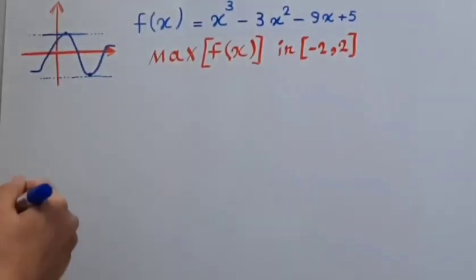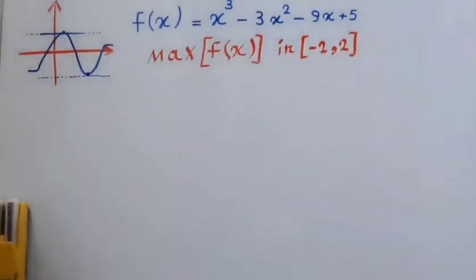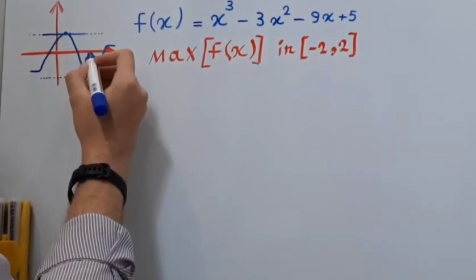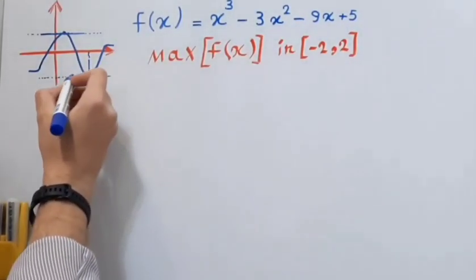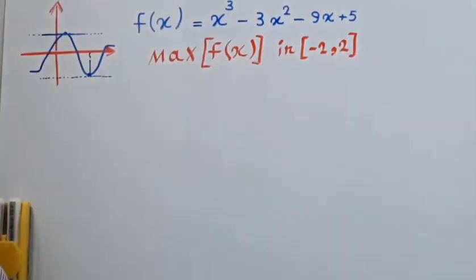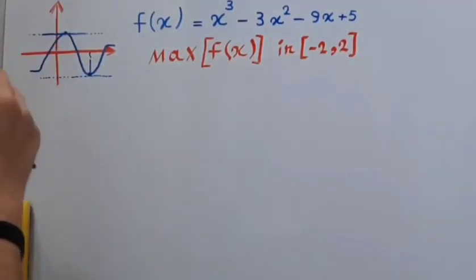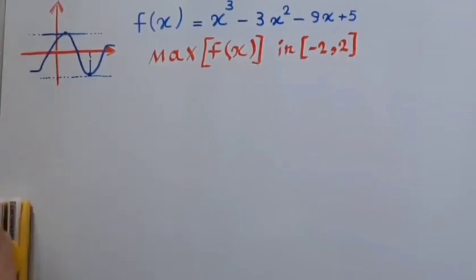Yes, it is 0. And the minimum of this graph is here, at this point. Why? Because it is the smallest. From the negative part we say smallest. It is the smallest value of the f of x.